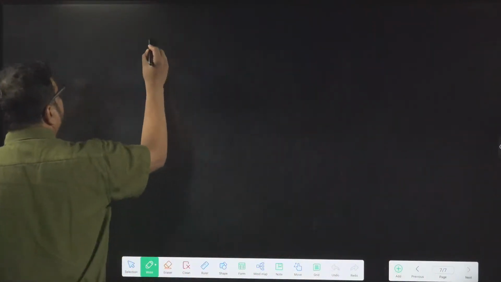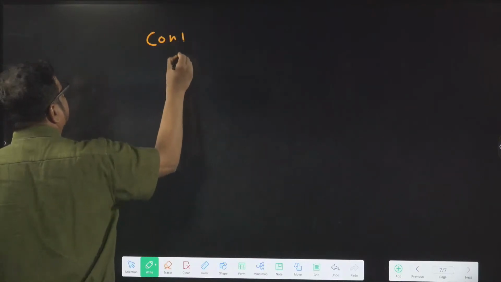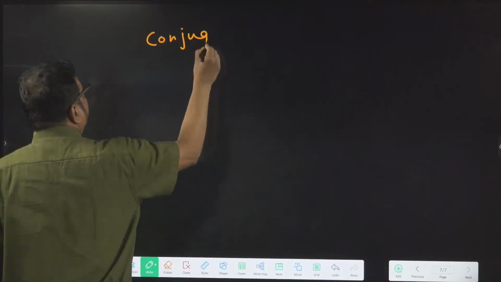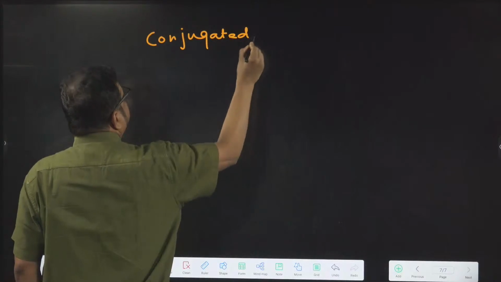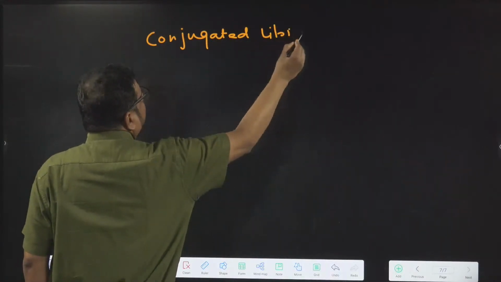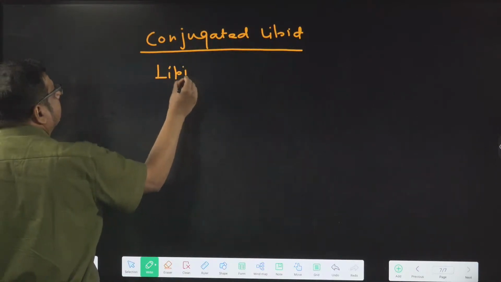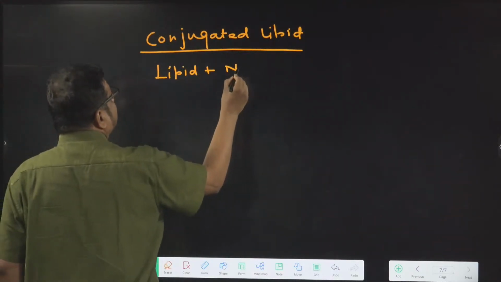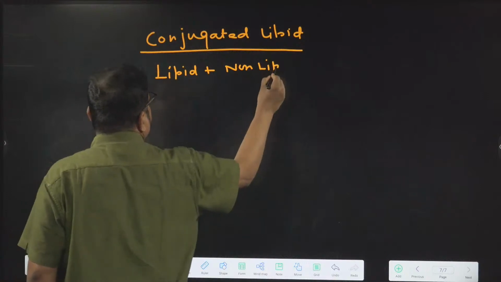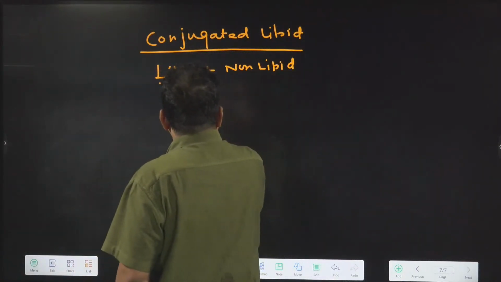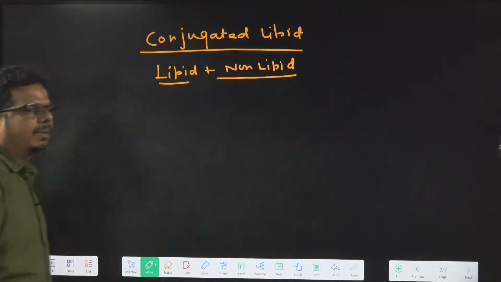Now simple lipid is over. Now we are going to talk about conjugated lipid. In conjugated lipid, what happened? Along with the lipid component, a non-lipid part is also present. Lipid plus non-lipid component together form conjugated lipid.